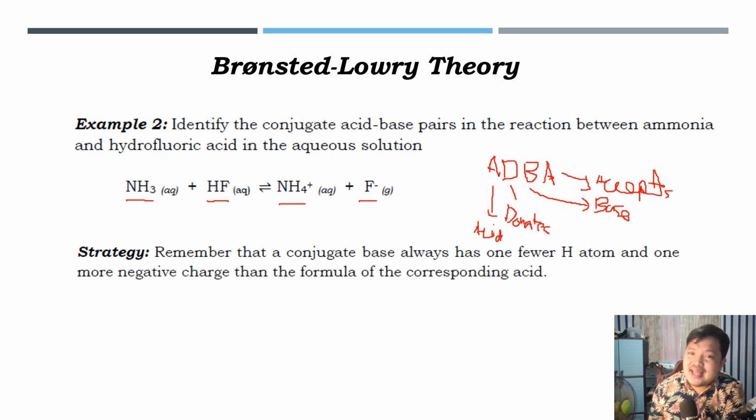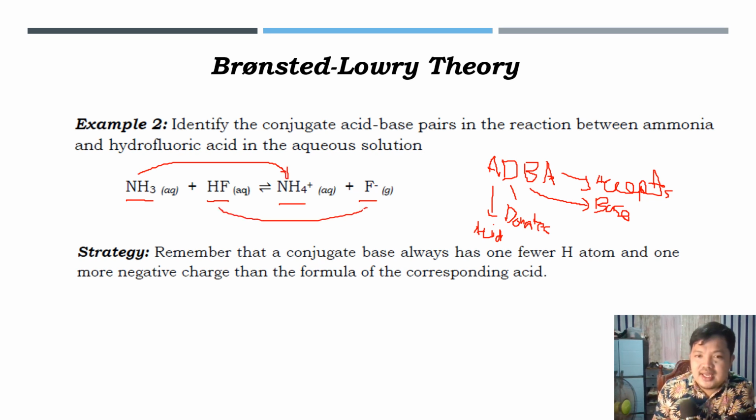Sabi ko, pag acid, nagdo-donate. So, tingnan natin dito sa equation. Let's have the pair first. NH3, syempre, yung may-yield niya, NH4. And ito naman, HF, yung may-yield niya is F. Tingnan natin kung itong NH3 nag-donate or nag-accept.